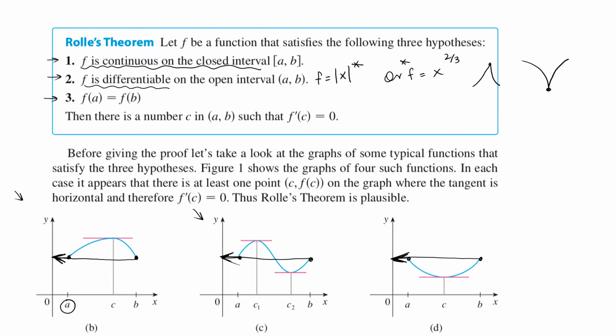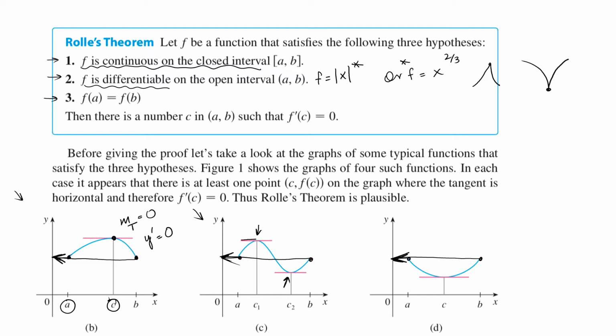So if these three conditions are fulfilled by a function, then you can say that in this interval there lies a value c where the slope of the tangent line is 0, and hence the first derivative is equal to 0. Here you can say that there is a relative maximum and here a relative minimum.